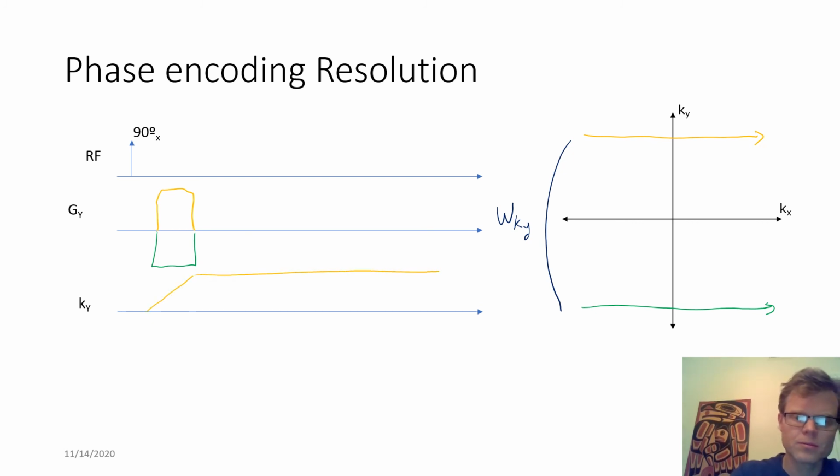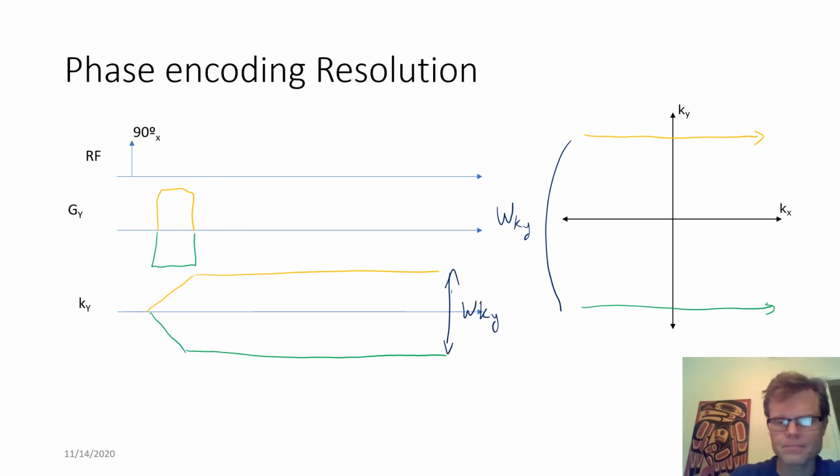We're going to go to our two ends in the phase encoding sampling, and that's also going to correspond to this here. And when we're talking about K-space, it's all about gradient area, so this is going to be proportional to this gradient area that I've annotated here.